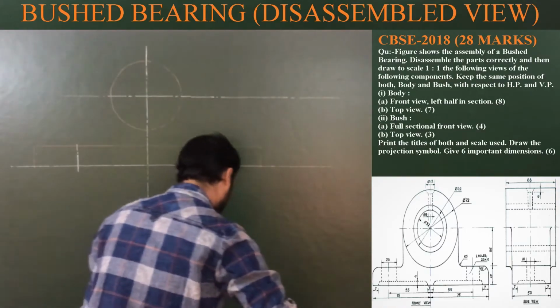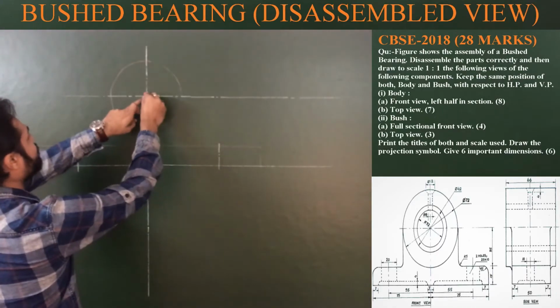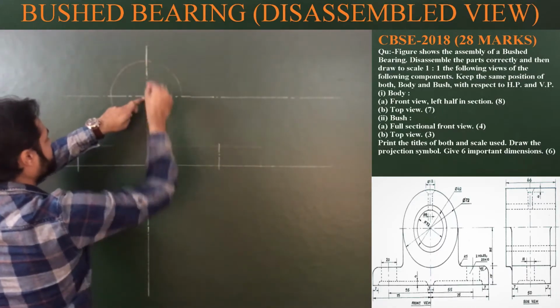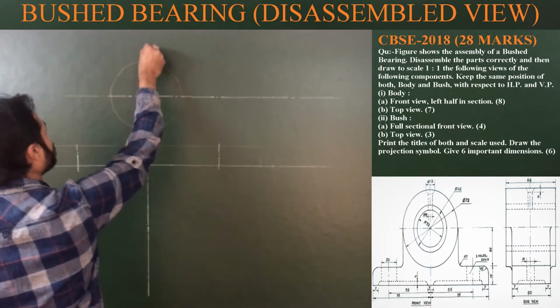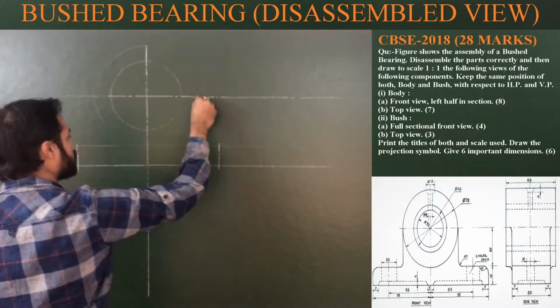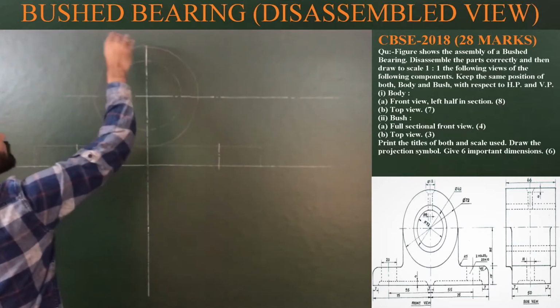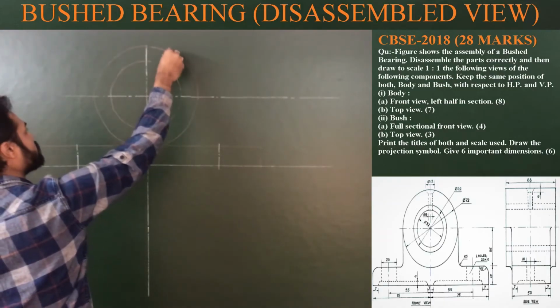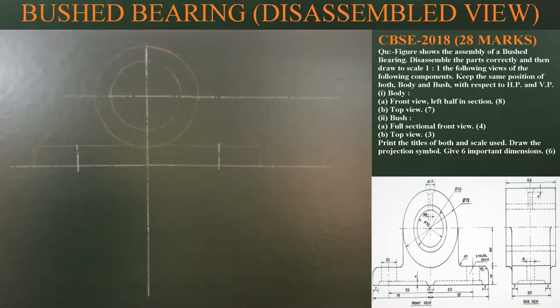Now from this center, 72 as diameter, so half of 72, 36 as radius. Draw one more circle like this, and please don't use a dark pencil for initial construction. Right.